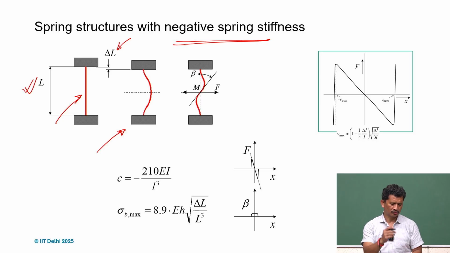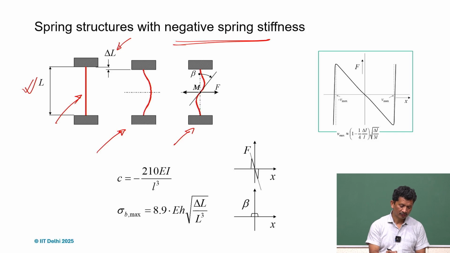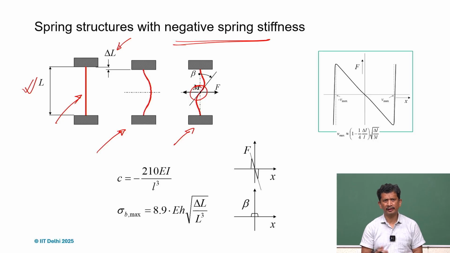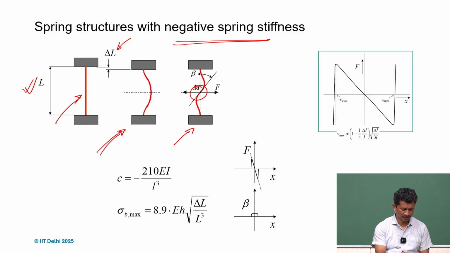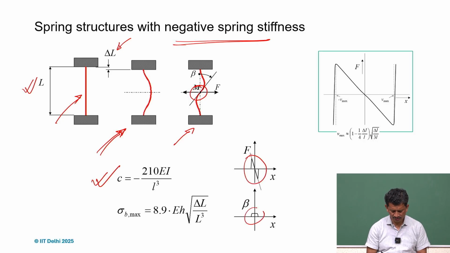Most of the time we talk about the fundamental mode, the first mode, but there can be various modes also. In this case, other modes are also possible depending on how we manipulate and control it. We can get higher modes, and accordingly different stiffness values. For this case, this is the stiffness, and you can see the range of motion is very small, so it works only for a small range, and it's magnified now.